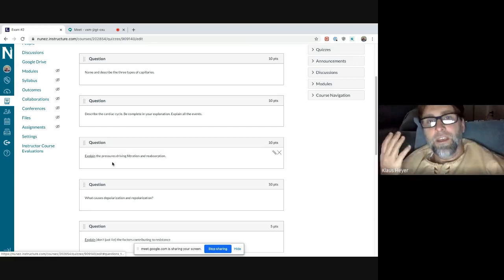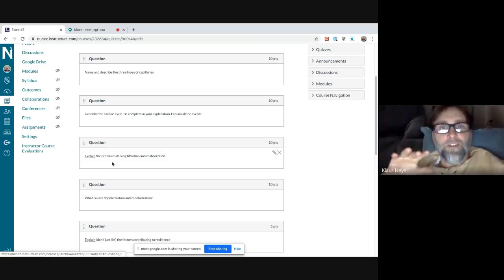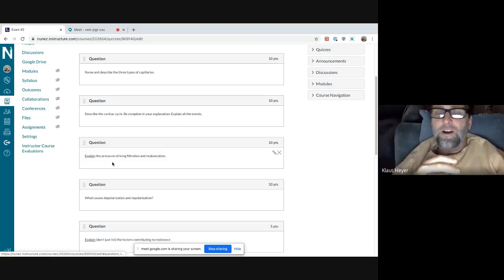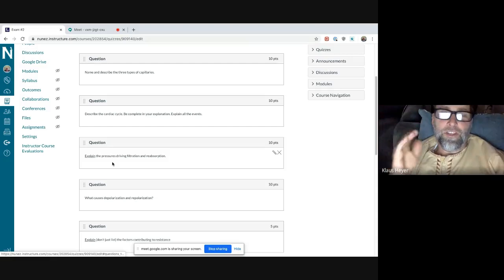So it's albumin in the interstitial fluid that was drawing out water. Really, what you're creating is a hypertonic versus a hypotonic environment, right? Those are terms from biology: hypertonic, hypotonic, and isotonic.